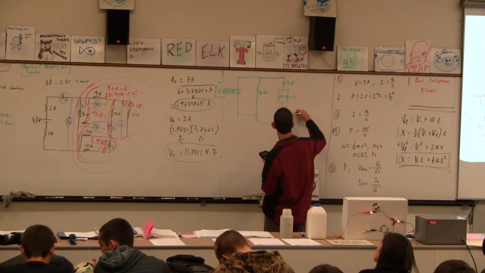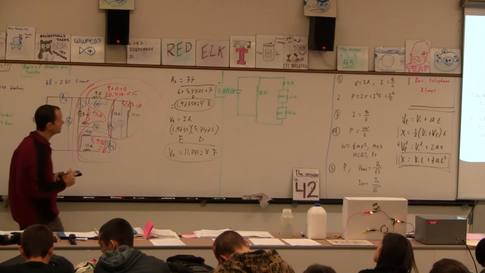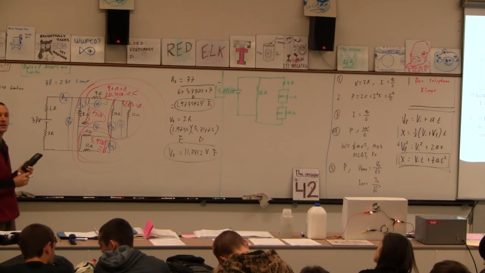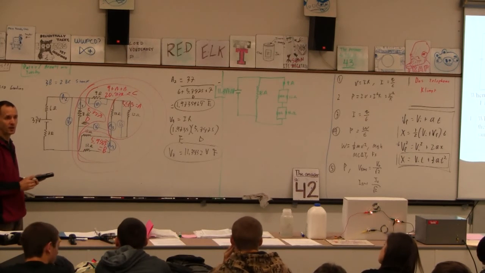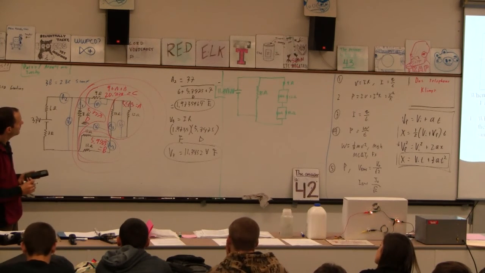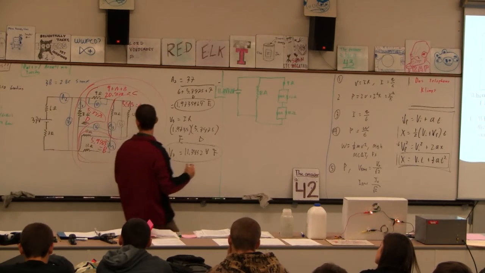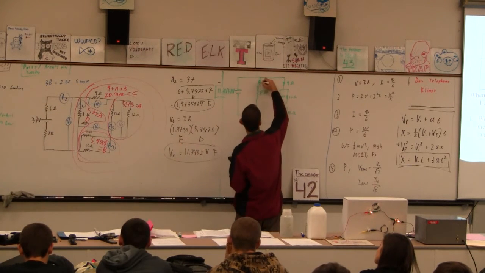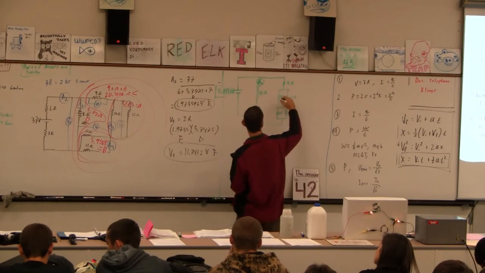13 ohm. Is that the same circuit? I just stretched it out like that. Some kids stretch out circuits before they solve them. It really helps them visualize it. That's the same circuit, isn't it? And then A1 is here. And then A3 is here.